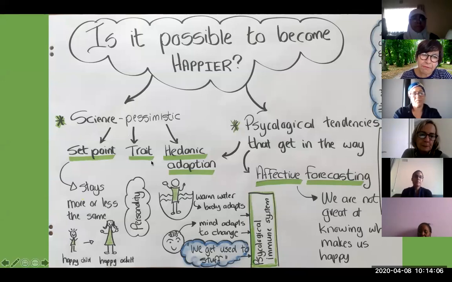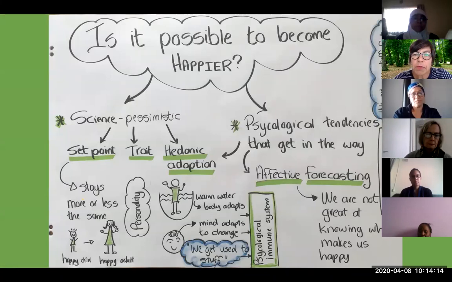Then the second thing from a science point of view is what I call traits or personality. There are definitely things from a personality point of view that influence how happy we are versus how not happy we are.